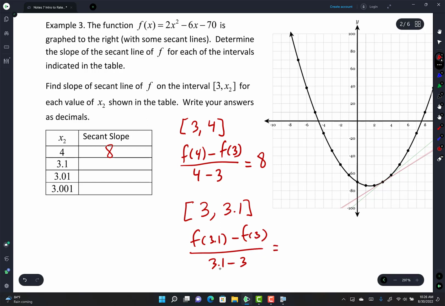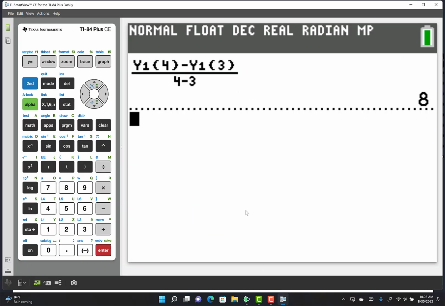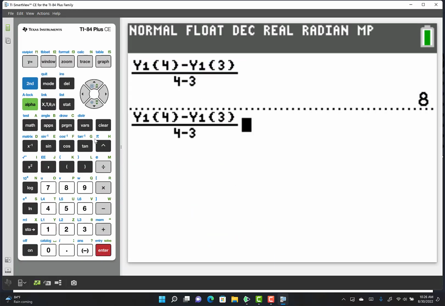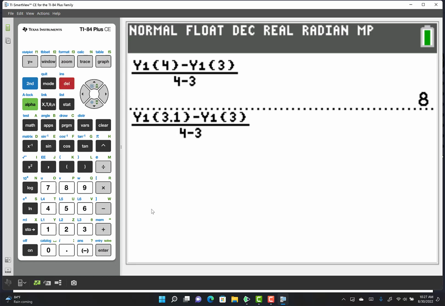I'm only changing the 4 to 3.1, so scroll up, push enter, and change the 4. Don't just type 3.1 over the 4. You have to push second, insert, 3.1, and then delete the 4.